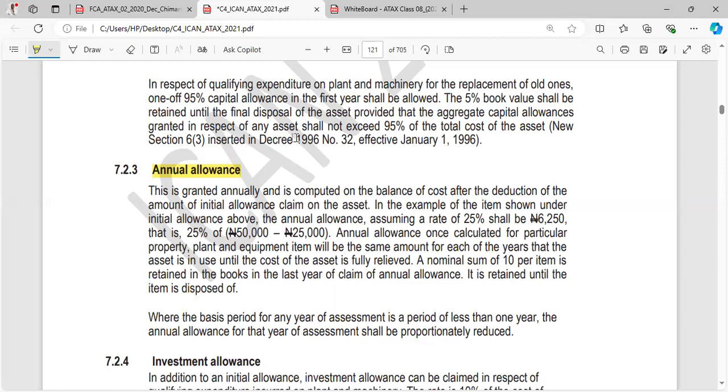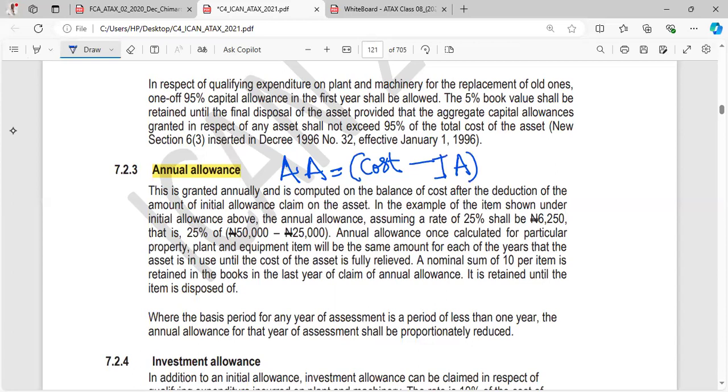We are saying that annual allowance here, I'll call it AA, is claimed after you have deducted initial allowance from the costs.